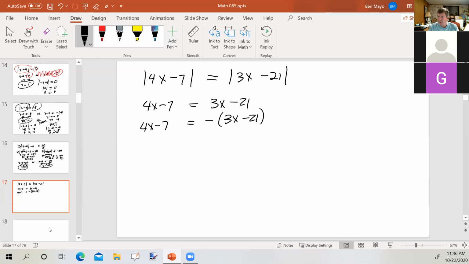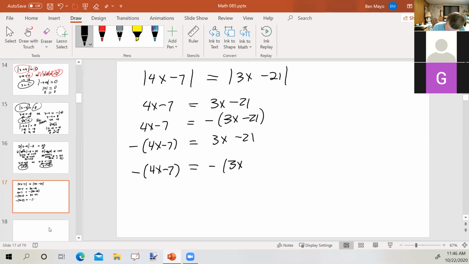That's another possibility. Or we could take the opposite of what's inside the first one equals what's inside the second one. Or the opposite of what's inside the first one equals the opposite of what's inside the second one. Because remember, a number and its opposite are going to have the same absolute value. So I've got these four different equations.